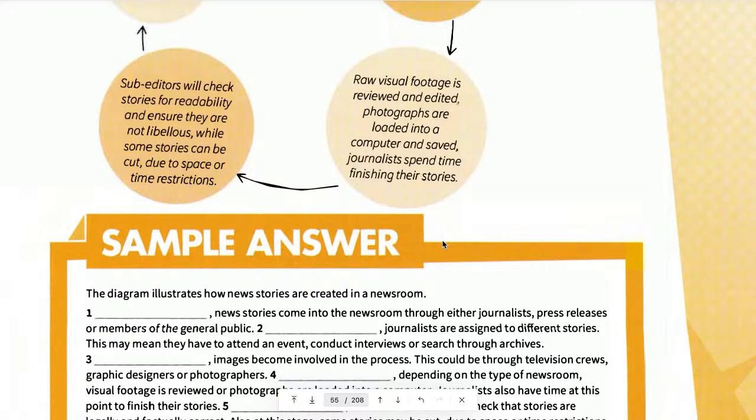And what else do the sub-editors have to do? Ensure they are not libelous. Libelous, what does that mean? Normally we are talking about writing, and that is libelous. That means it contains bad or false statements.